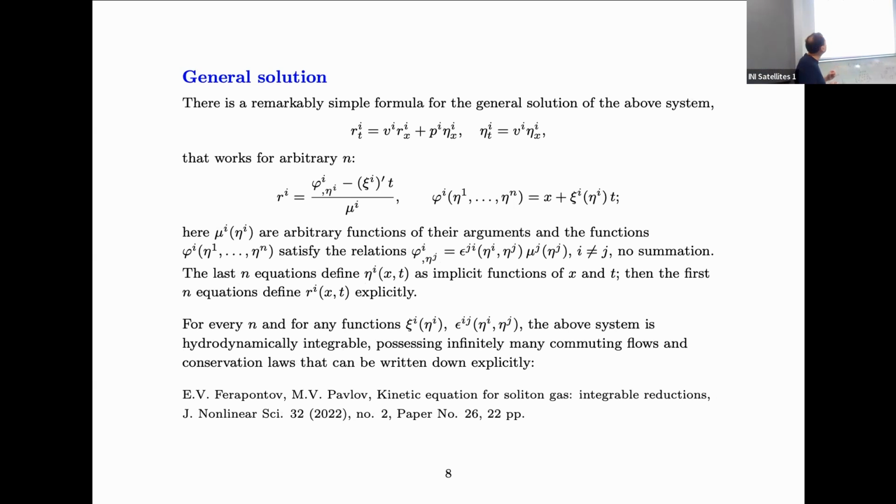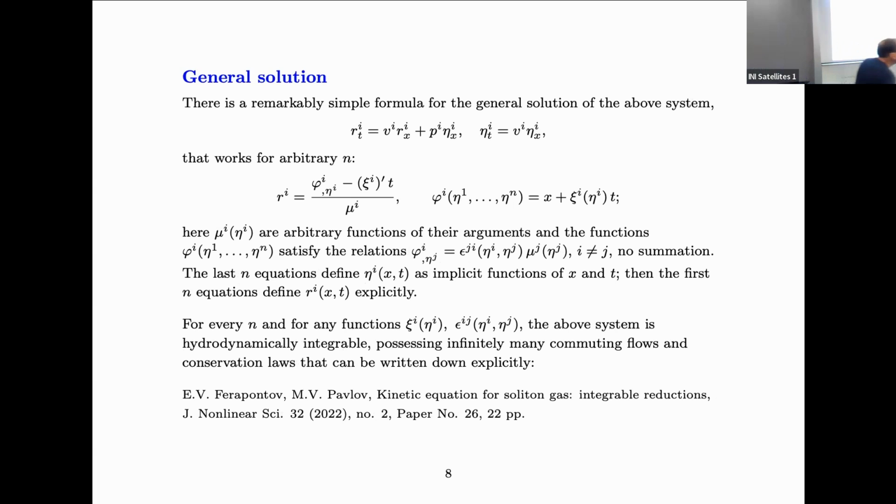But the hodograph equations, this explicit solution, stay the same. So when you write hodograph equations, everything simplifies and you get this. All right, so I'm not presenting explicitly conservation laws and commuting flows. They can be found in our paper with Maxim Pavlov.